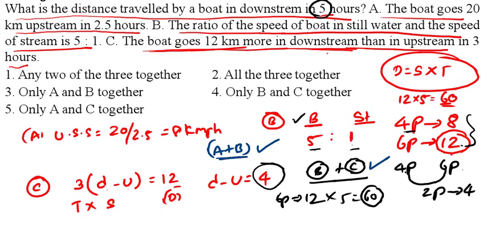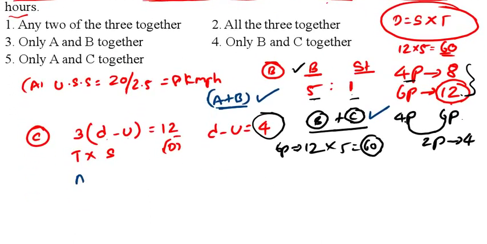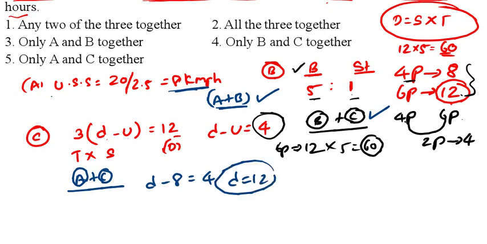Now we will see A plus C. What is A? Upstream speed is 8 kilometers per hour. So D minus 8 is equal to 4. Again, D is equal to 12. Time is 5 hours. Again, 12 into 5 is 60. By using A plus C we get the answer.